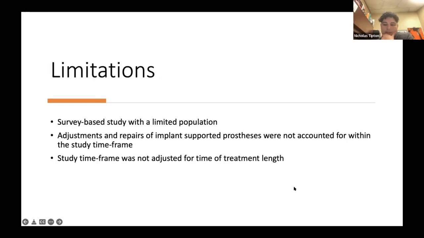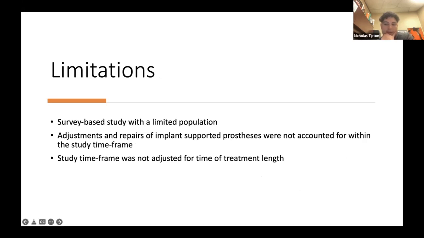And then, like I said, with the limitations, being a cross-sectional study, it's always going to be tough to get patients to come back, especially after a certain number of years that they've had their treatment completed. So it's tough getting patients in. You also have to take into account that if patients are having a major complication, that might be something that gets taken care of before the time of assessment.